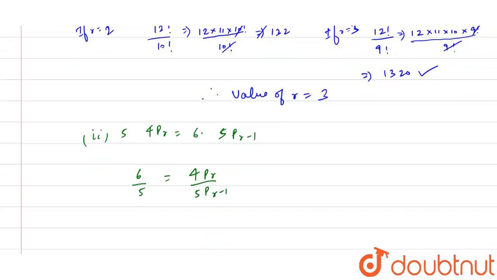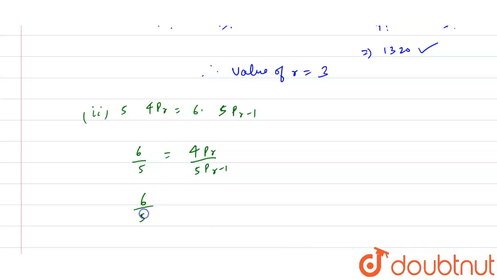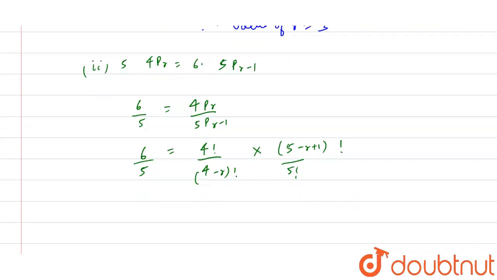Now using the permutation formula, we write 4 factorial divided by (4 minus r) factorial, multiplied by (5 minus r plus 1) factorial divided by 5 factorial. So 6 by 5 equals 4 factorial divided by (4 minus r) factorial multiplied by (6 minus r) factorial divided by 5 factorial.